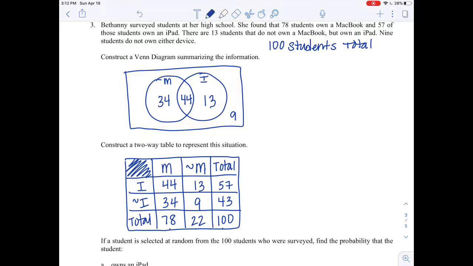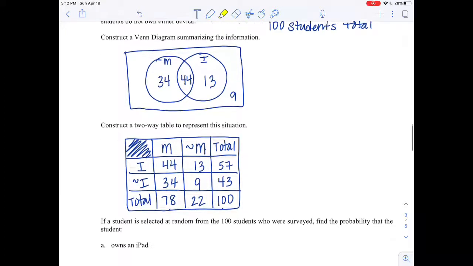Where that can be helpful is that in the Venn diagram, if they told you the chances of getting MacBook or iPad was 78 or whatever it happens to be, you would have to sit there and figure out what part is the overlap and all that kind of stuff. Now what you could do is say, if I know that the OR probability has to be these 3 added together, then the complement to that would be everything on the outside, this last piece that should help me add up to be 100. I'll show you that in an example in just a minute.